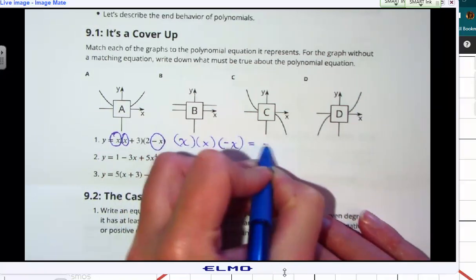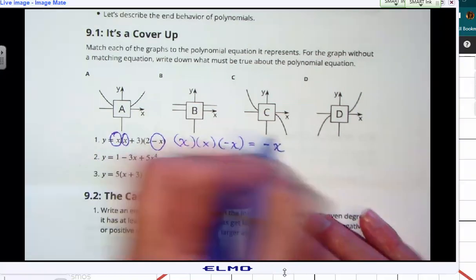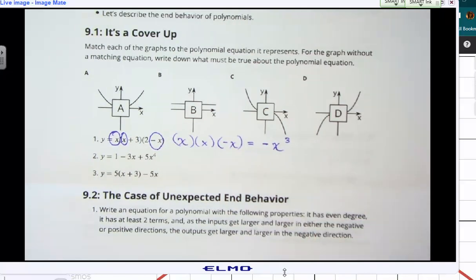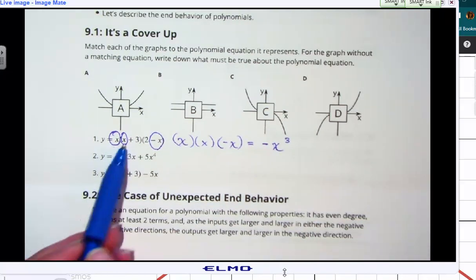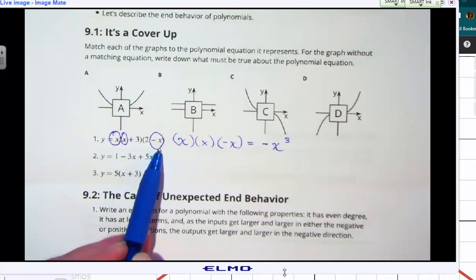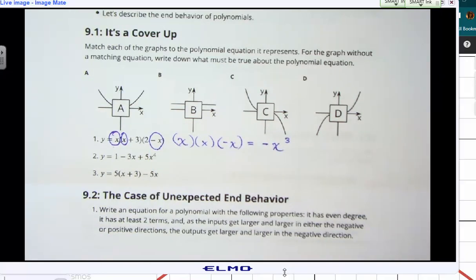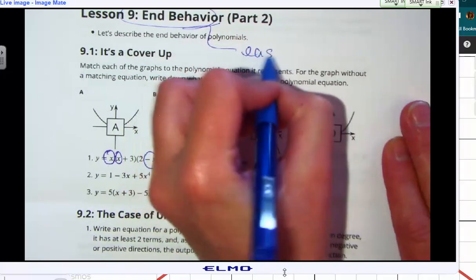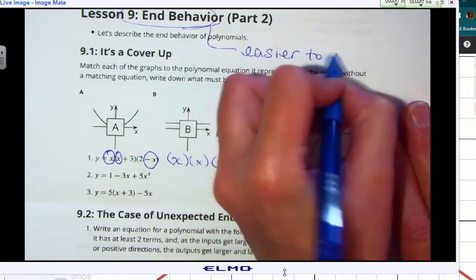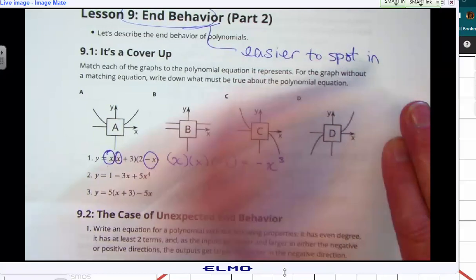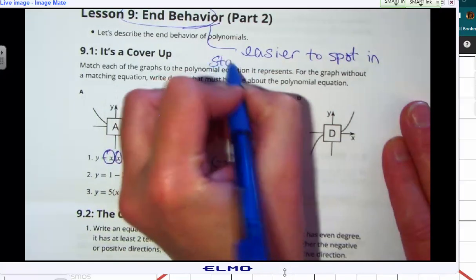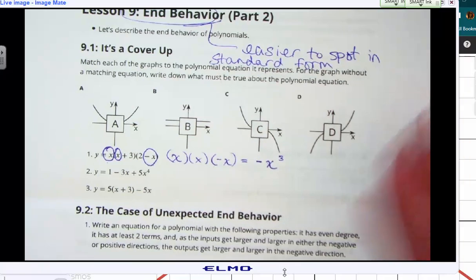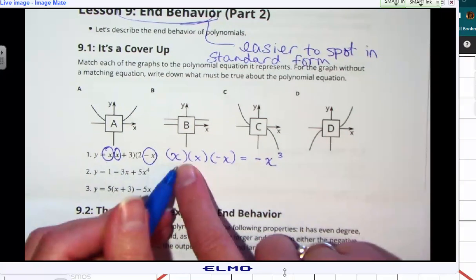That would give me a leading term of a negative x to the third power. Notice that end behavior is easier to spot when we have standard form. We can figure it out from factored form, but we have to do this kind of step first.